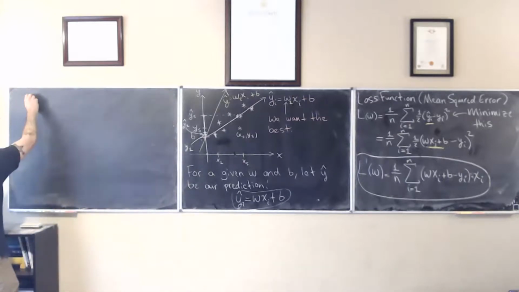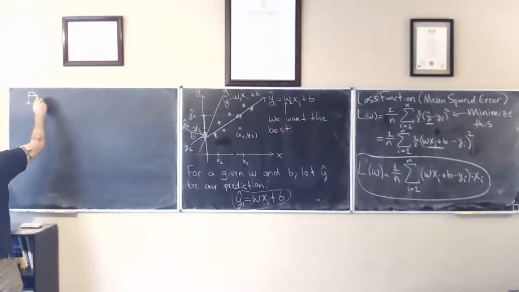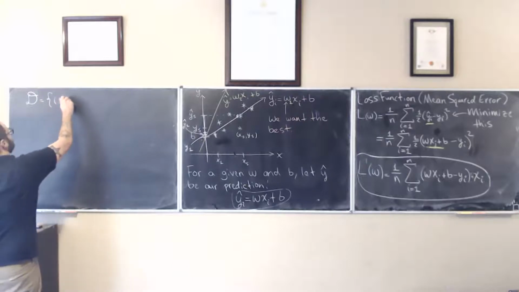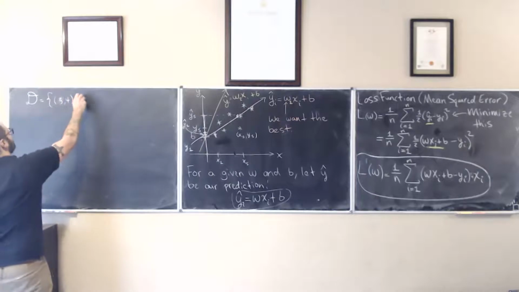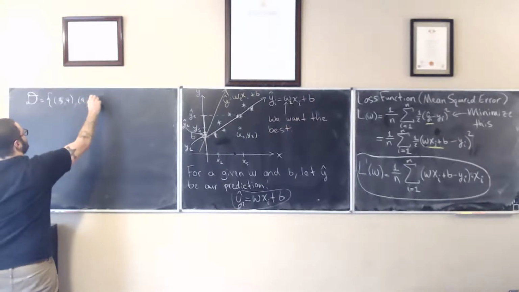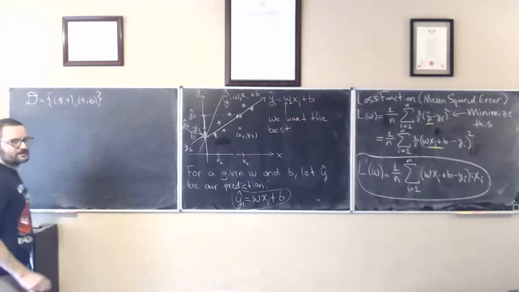So suppose the data looks like this. I'll say 3 and 4 and maybe 4 and 6. So that's our data, right?